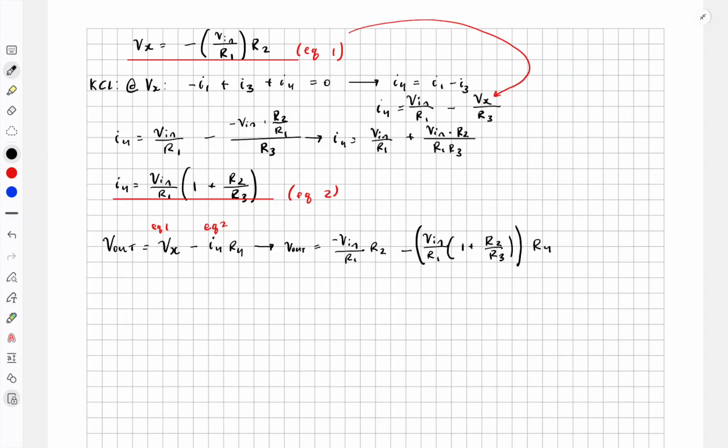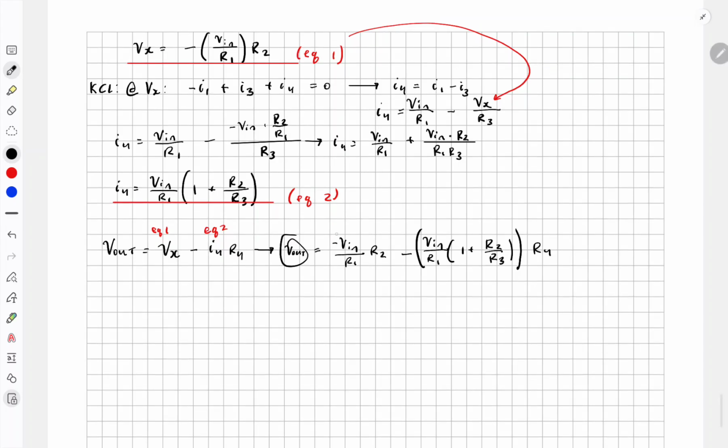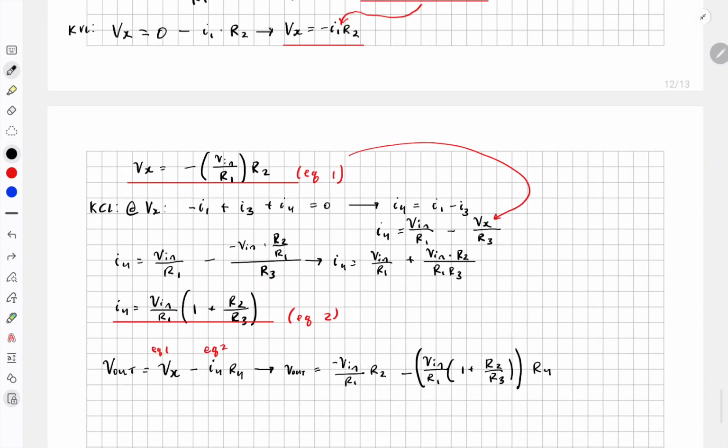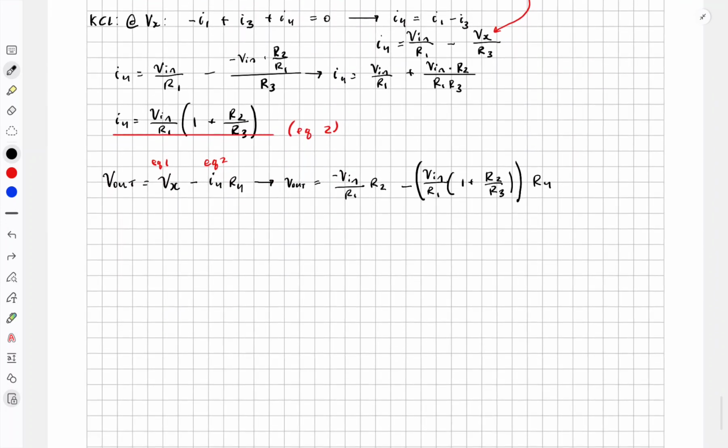Now as you can see, this is an equation in terms of Vout, Vin, and resistors. Vx is gone and all the other variables that we don't like are gone. So now we can just solve for Vout divided by Vin, and we have solved for our gain.